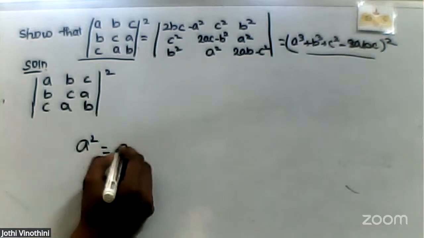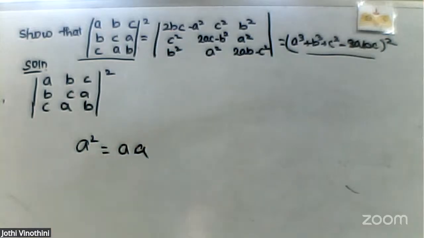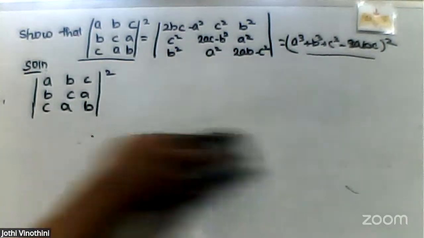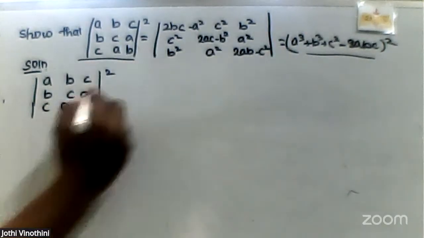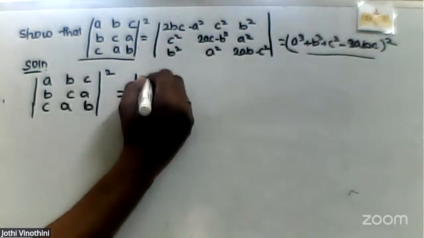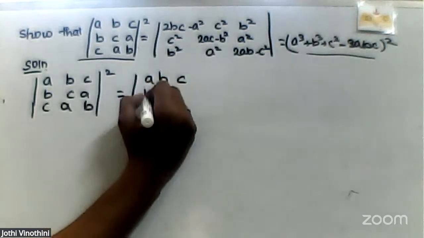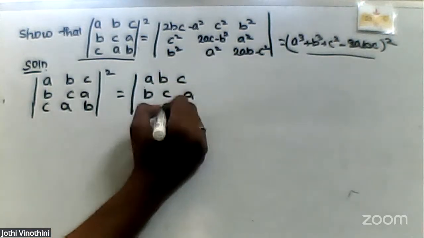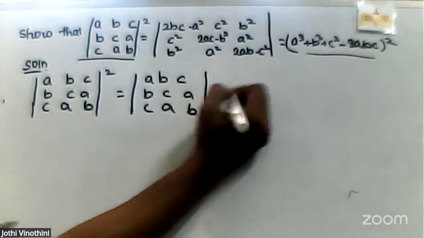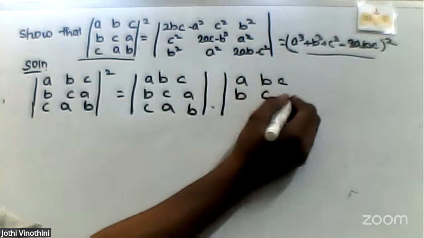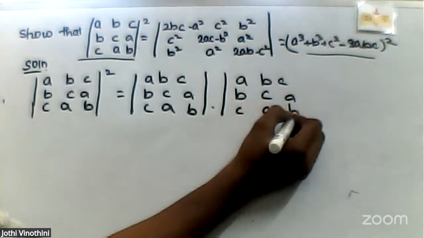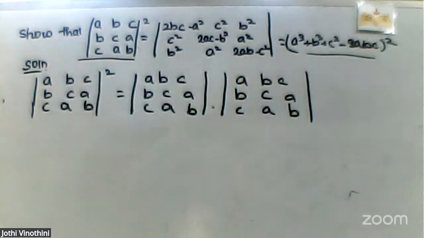We will expand it as A multiplied by A. Now I am also going to do the same thing. I am going to write A, B, C, B, C, A, C, A, B multiplied by A, B, C, B, C, A and C, A, B. Clear?